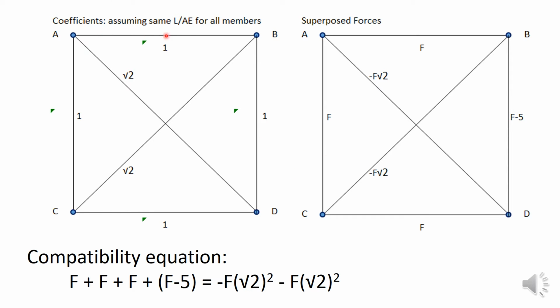I just prefer to put the information on a diagram and just use the diagram, so I know which coefficient corresponds to which force, and then I can do the multiplication easily with the two diagrams and obtain the compatibility equation.